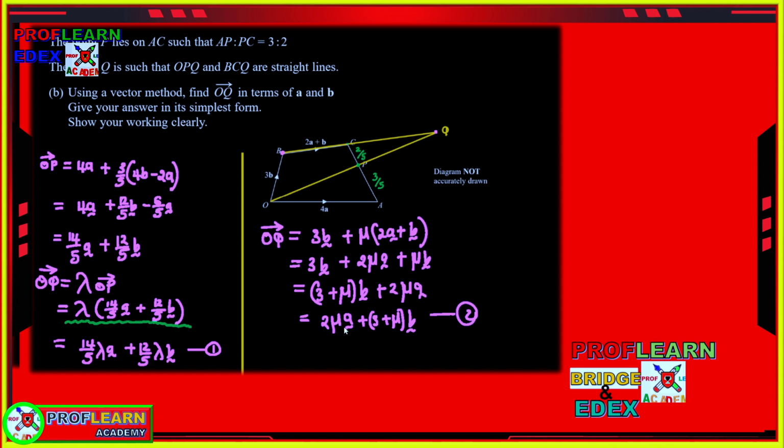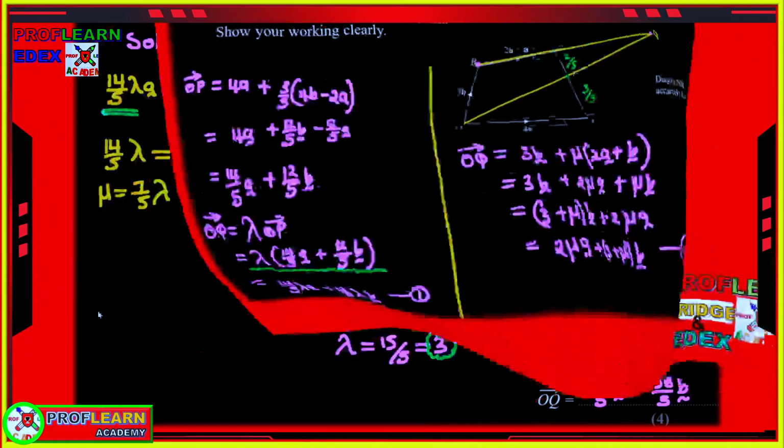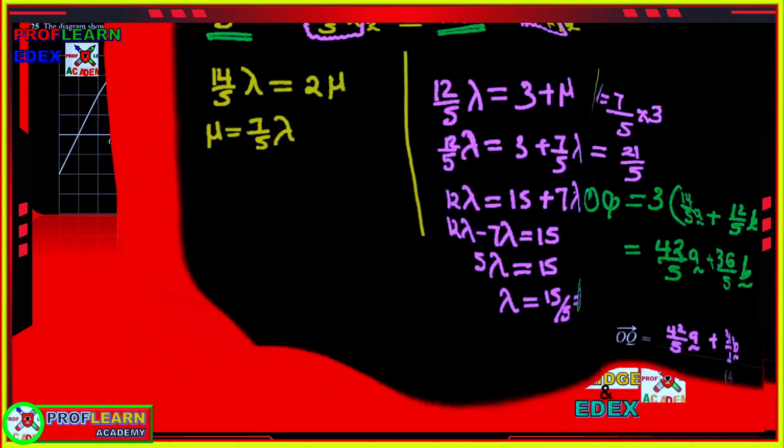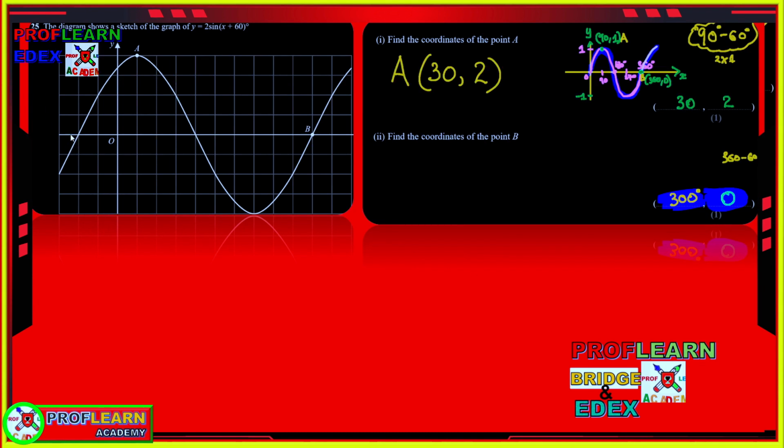Or you can substitute the value of mu into this equation, then you are good to go. So what I decided to do, I substituted lambda, and my lambda value I'd gotten as 3. So when I substitute 3 into this, I'm going to get 42/5 vector A plus 36/5 vector B, and that becomes the answer.